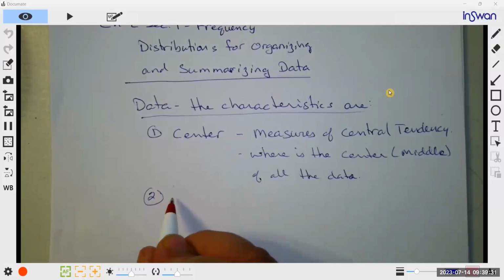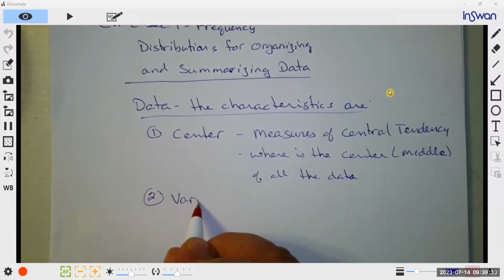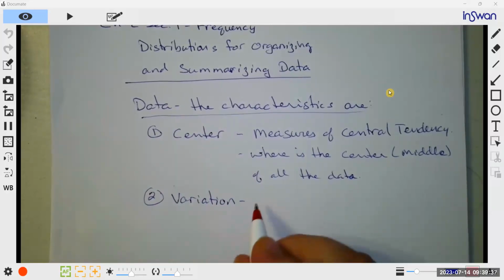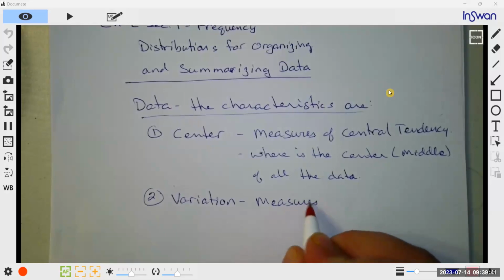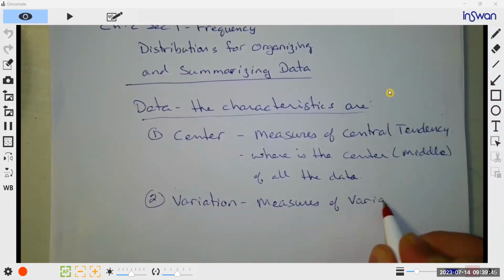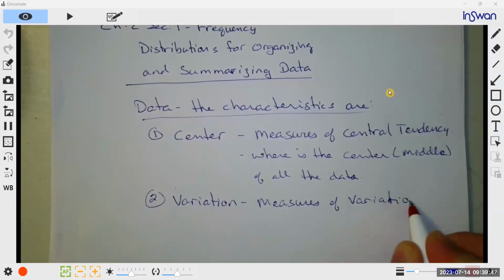The next thing you do is deal with variation, or measures of variation.